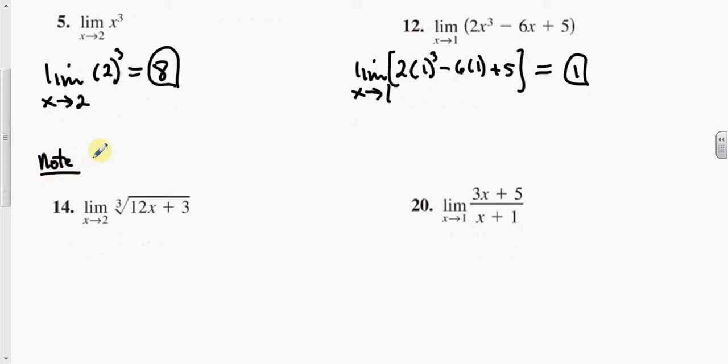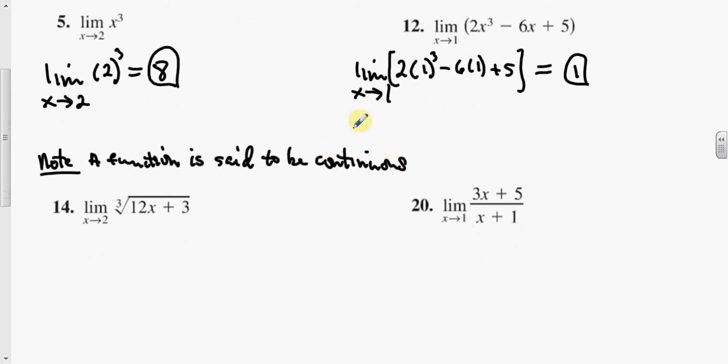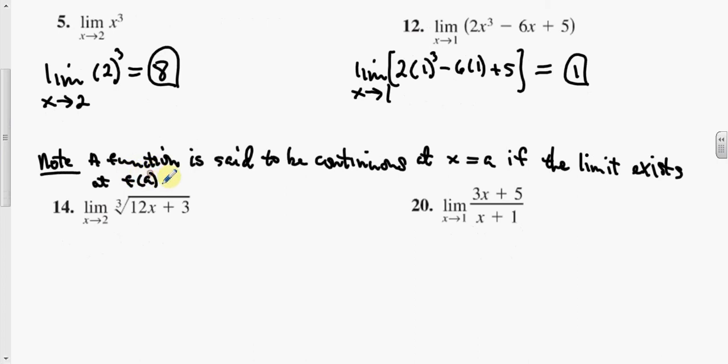Put a note here. A function is said to be continuous at x equal to a if the limit exists at f of a.